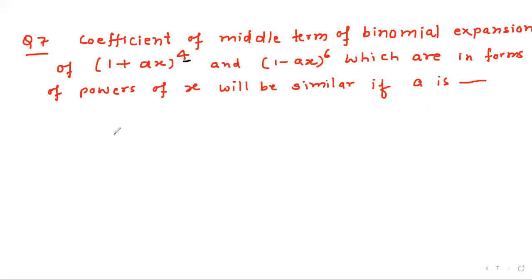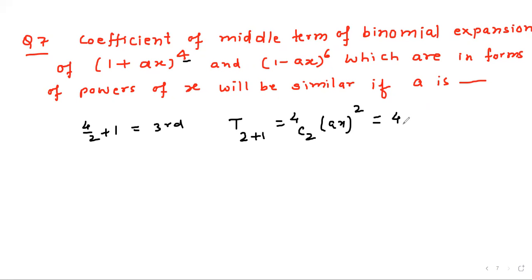Since the power is 4, the middle term will be 4 by 2 plus 1, that is the third term. So T3, we can find as T(2 plus 1), is 4C2 and 1 power 4 minus 2 and (ax) power 2, that is 4C2 a square x square.